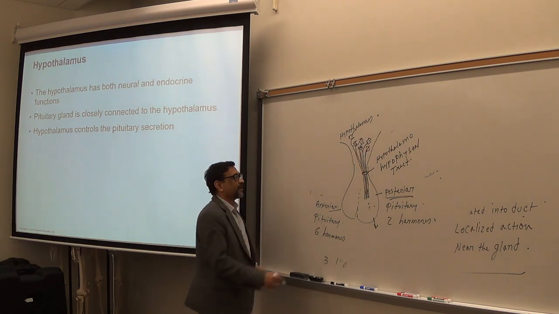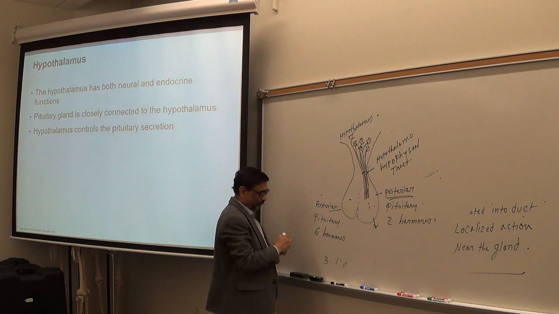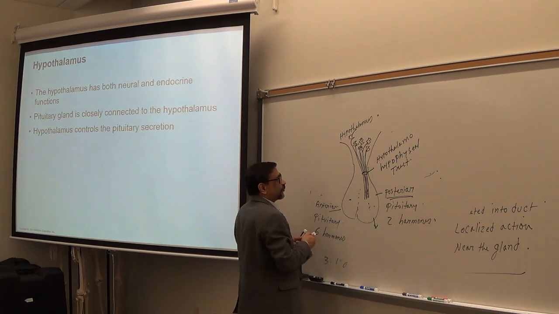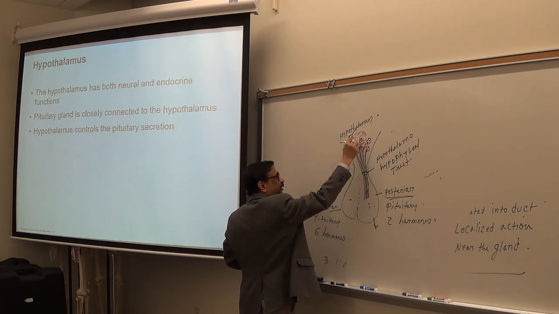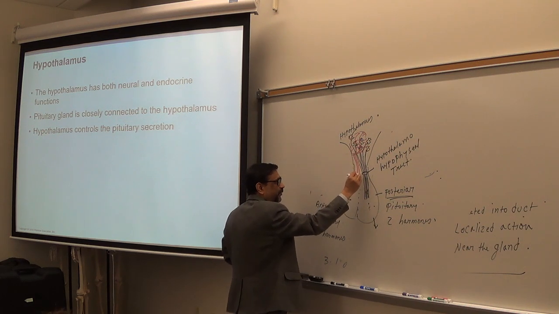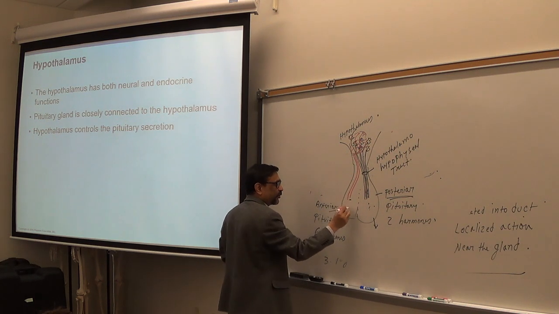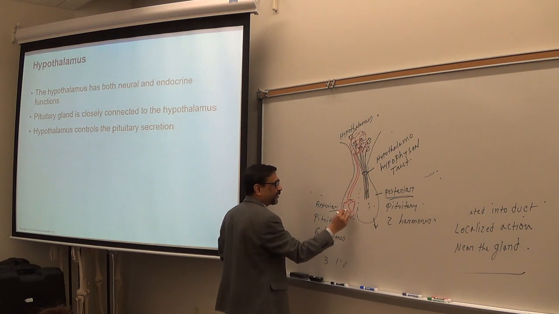Is it clear? Now, how does the hypothalamus talk to the anterior pituitary? You see, these are the capillaries, capillary plexus, network of capillary, and from there, the blood vessel goes to the anterior pituitary, and another capillary plexus is here.